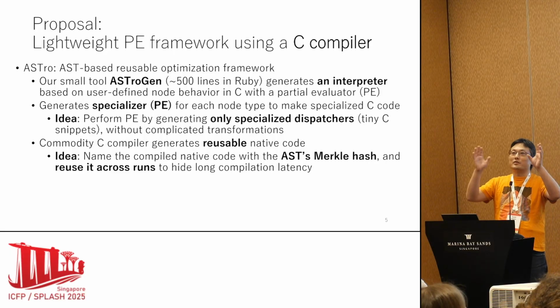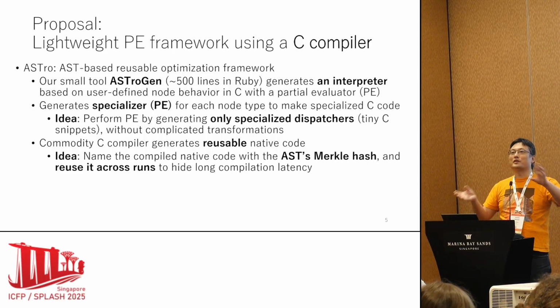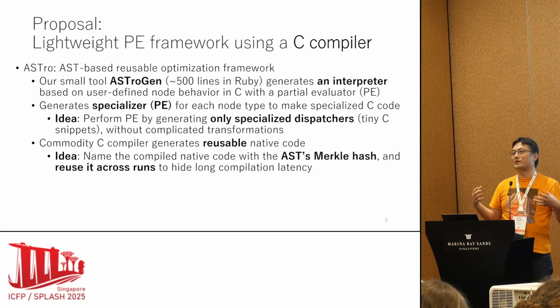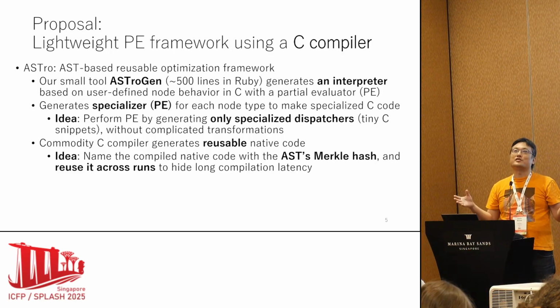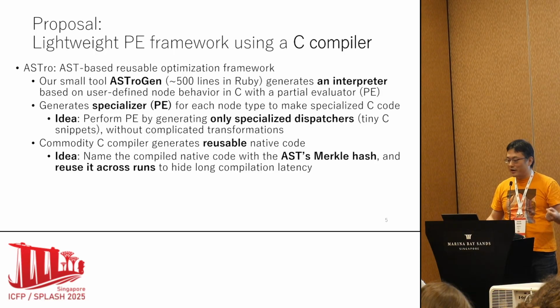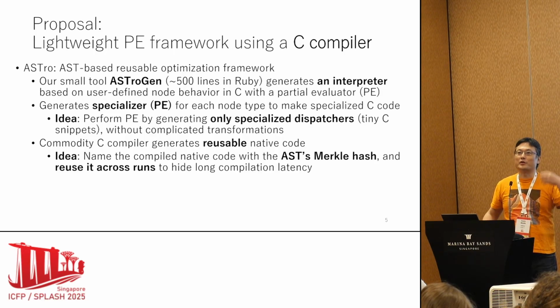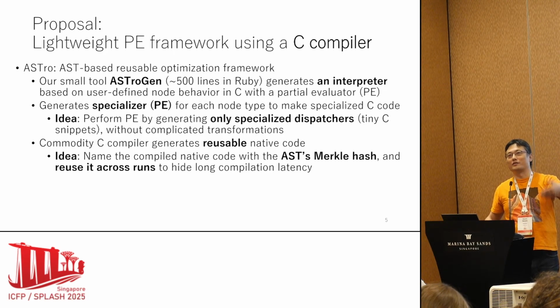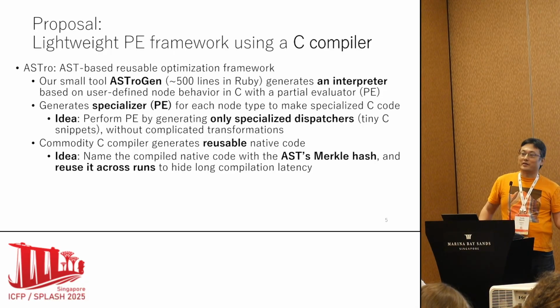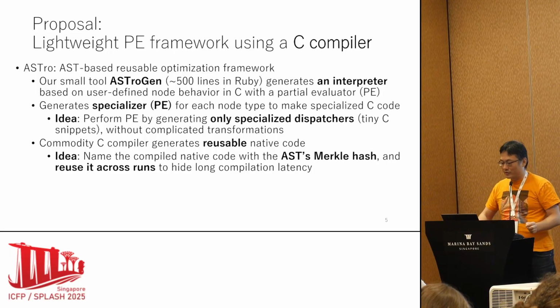The code compiled from such specialized C code can be reused using the Merkle hash for each AST. After compiling, we can use this compiled optimized code within other interpreter processes, and so on.